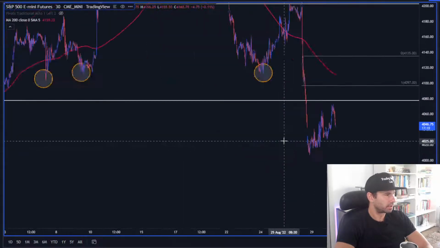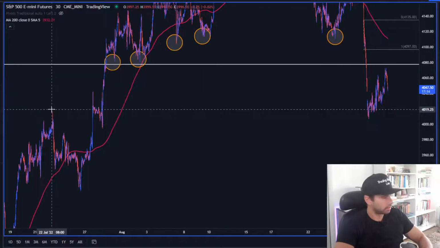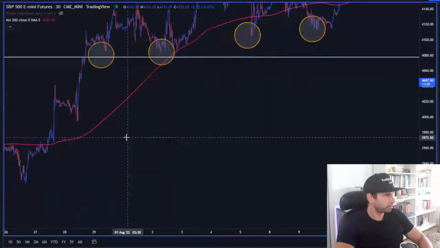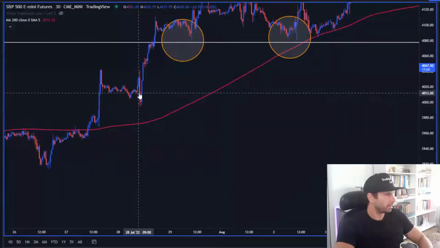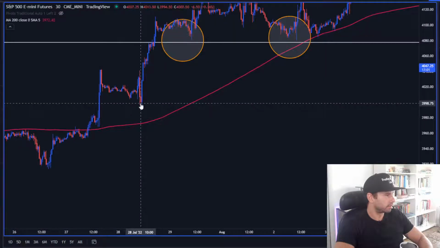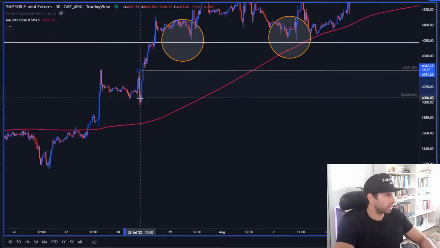I'm watching the bearish scenario. For the bullish scenario, I do have this pivot here. Let's put it here. It's already tested. This is a demand created at 10 a.m. So all this is a bullish area.